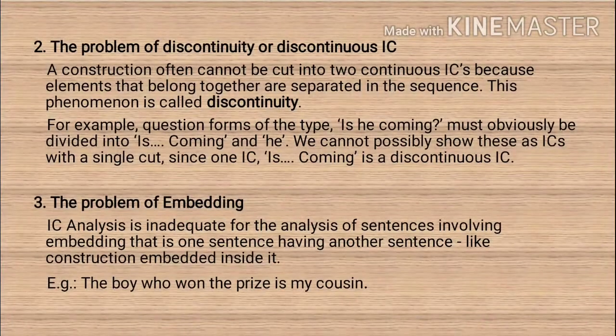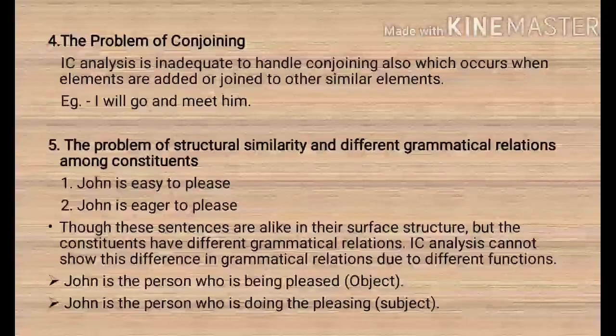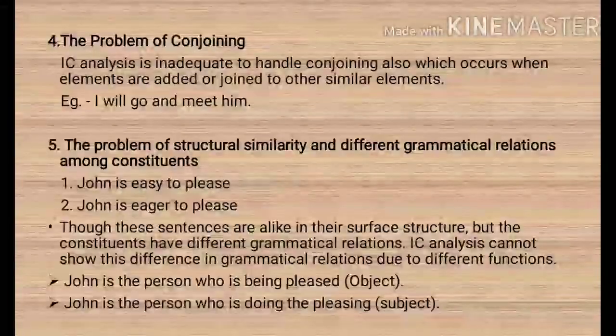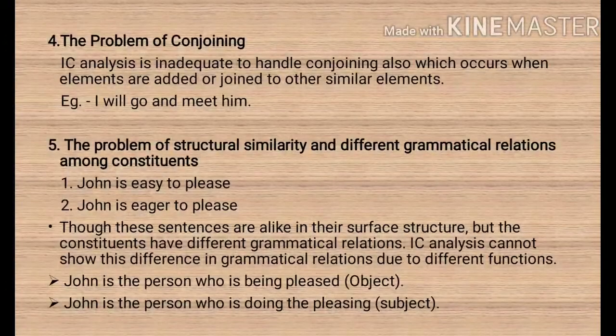Here, who won the prize is embedded in the sentence, the boy is my cousin. Fourth one is the problem of conjoining. IC analysis is inadequate to handle conjoining also, which occurs when elements are added or joined to other similar elements. Example, I will go and meet him.